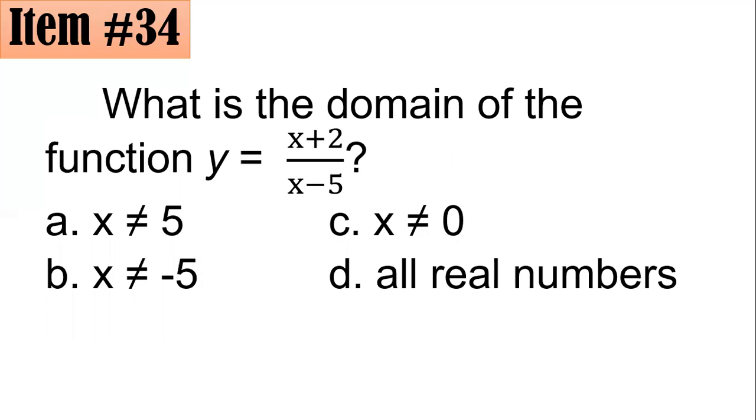real value of y. And since you have here a rational function, the only way for a rational function to be undefined is when your denominator is equal to 0.